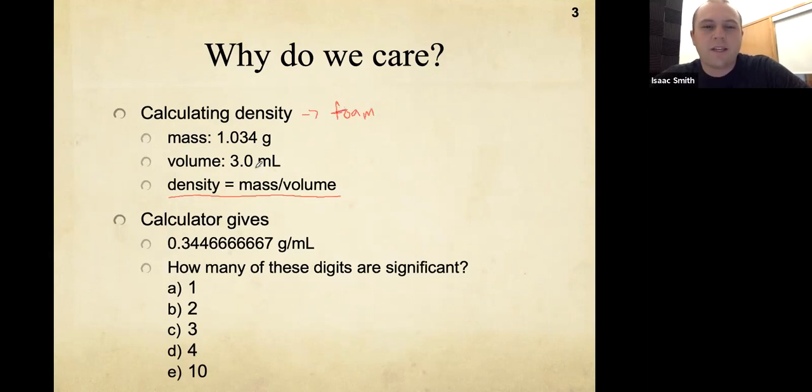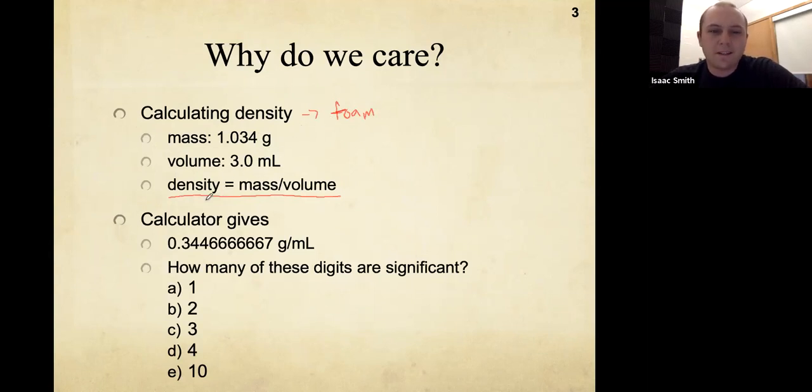So let's say you take 3 milliliters of foam, so that's a volume amount of foam, and you put it on the scale, and the scale gives you 1.034 grams of foam, okay? So you know that 3 milliliters of foam weighs 1.034 grams.